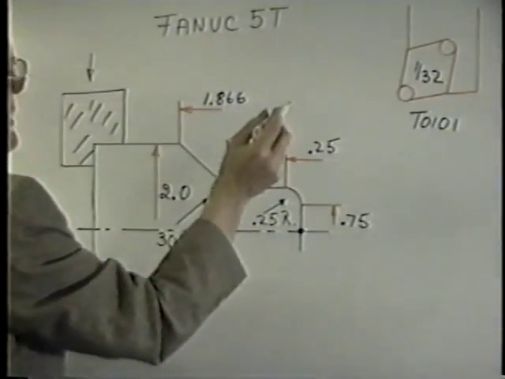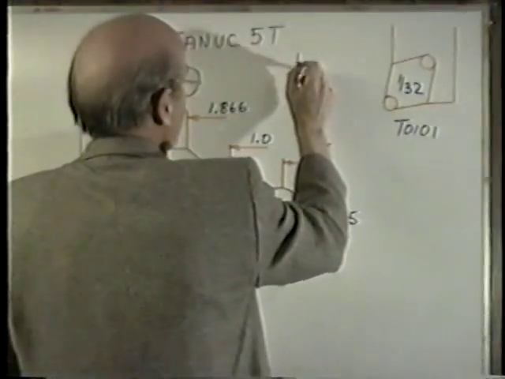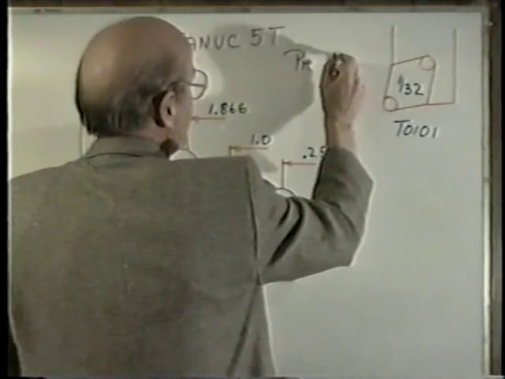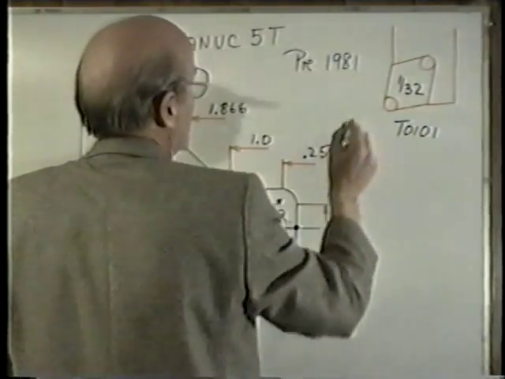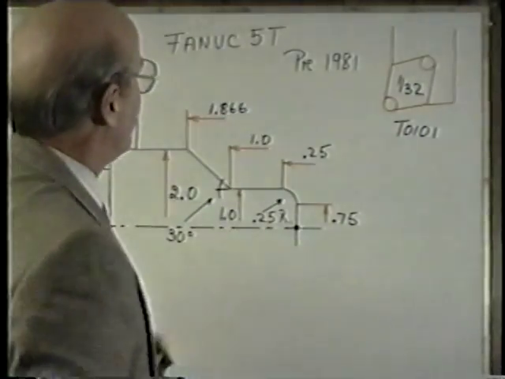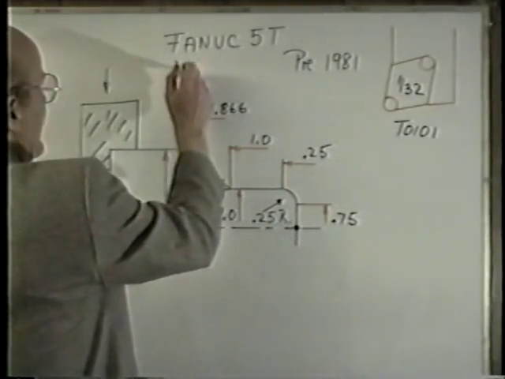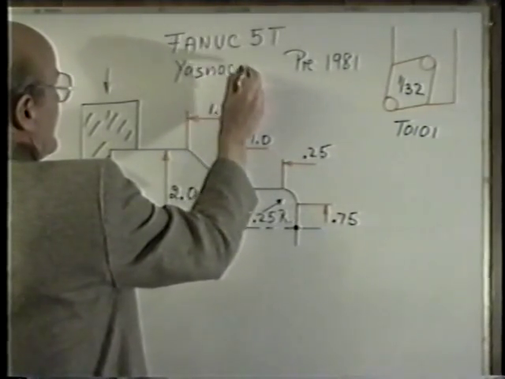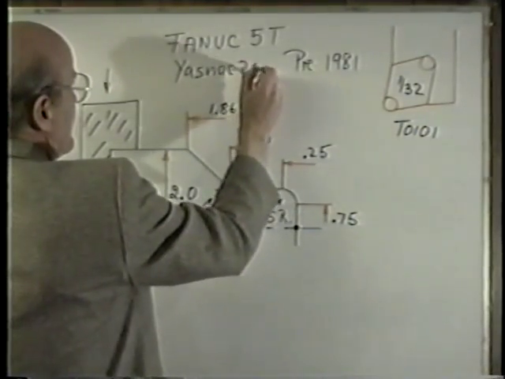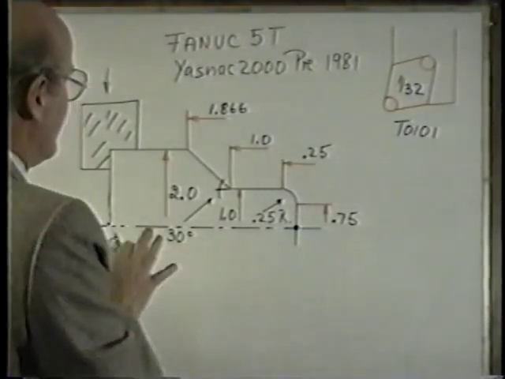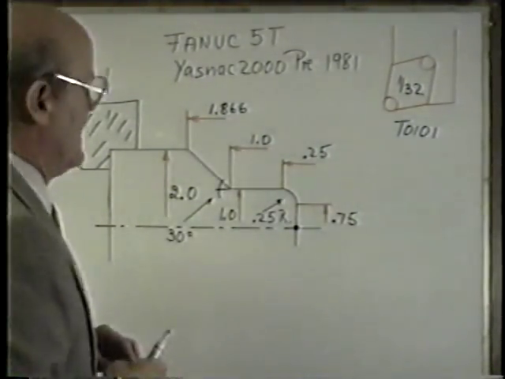And basically all these controls here are pre-1981, 1980, 1979, somewhere around there. The Fanuc 5T, there was a Yasnac 2000 control, the 2000 series. Many of these older controls, we had to do something like I'm going to show you right now.